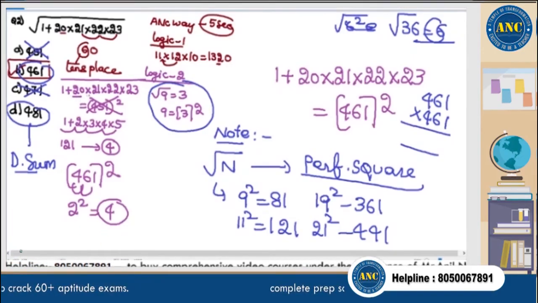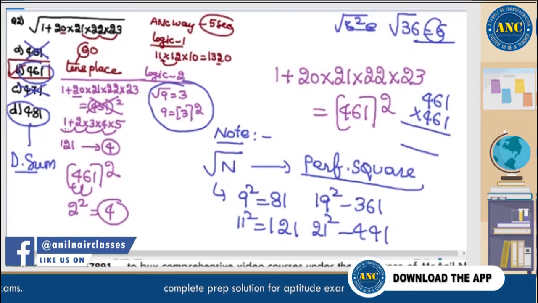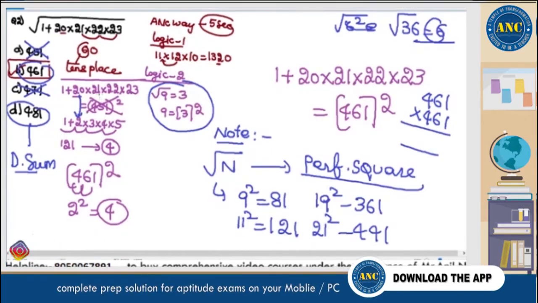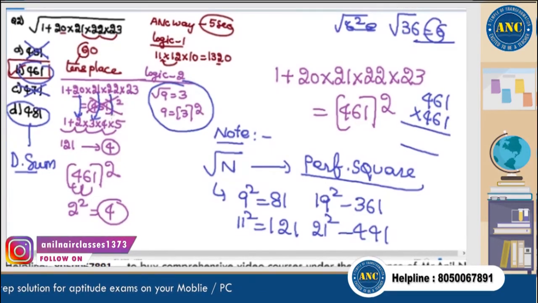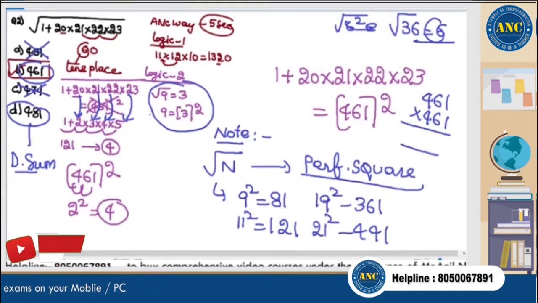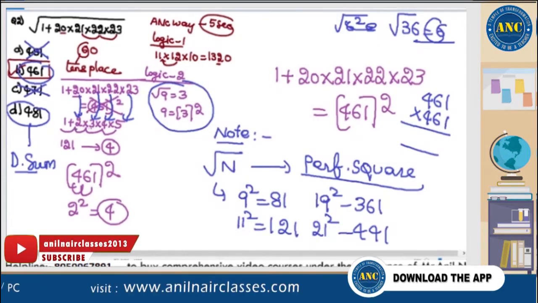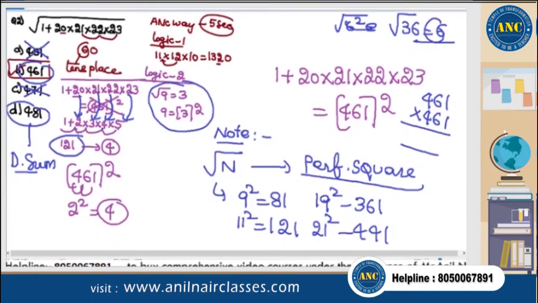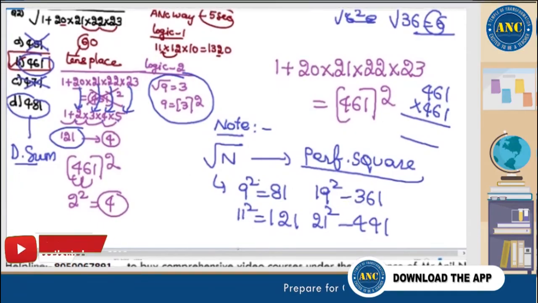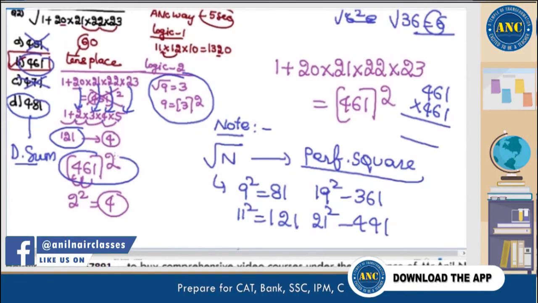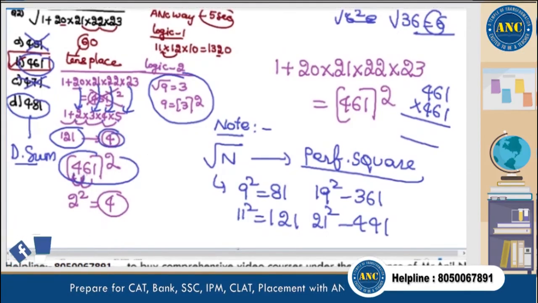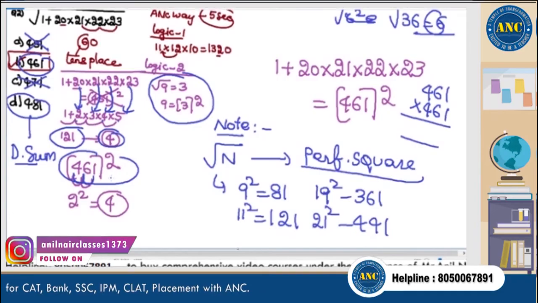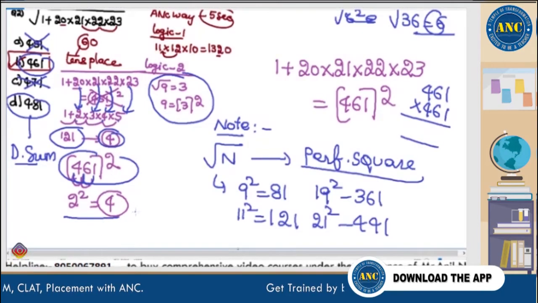So 1 plus 20 into 21 into 22 into 23. 20 digital sum is 2, 21 is 3, 22 is 4, 23 is 5. 2 3s are 6, 6 4s are 24, 24 5s are 120, 121 digital sum is 4. But I want digital sum 4 for the square: 461 square, 4 plus 6 is 10, plus 1 is 11, 1 plus 1 is 2, 2 square is 4. I hope it is clear.